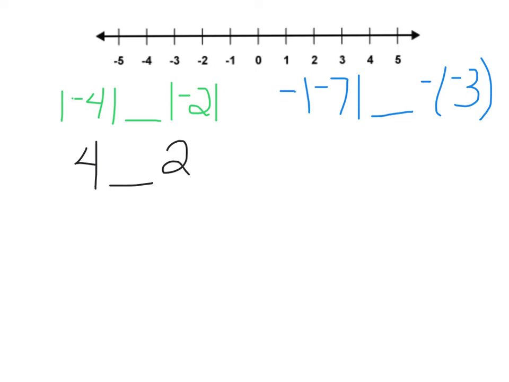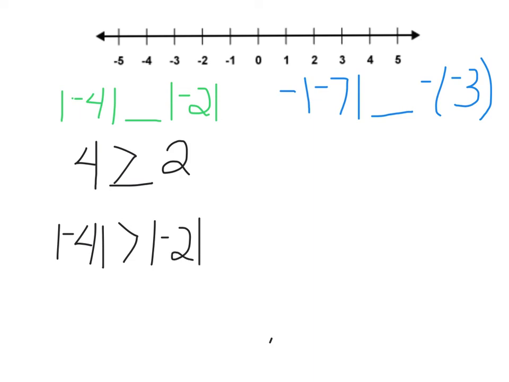So 4 is over here to the right. That's greater than 2. So 4 is greater than 2. We could rewrite that then as our absolute values. The absolute value of negative 4 is greater than the absolute value of negative 2.